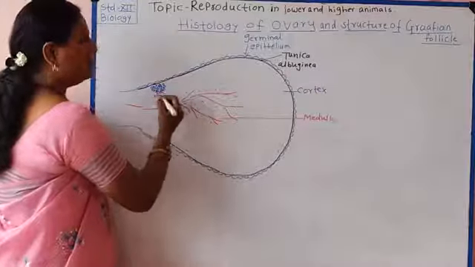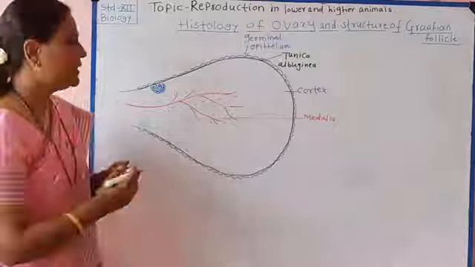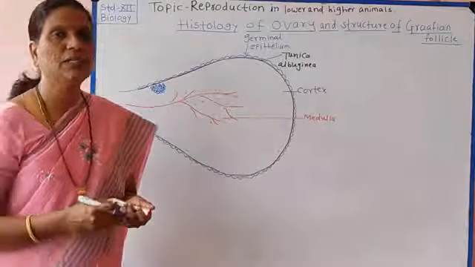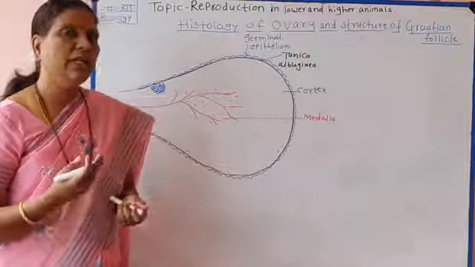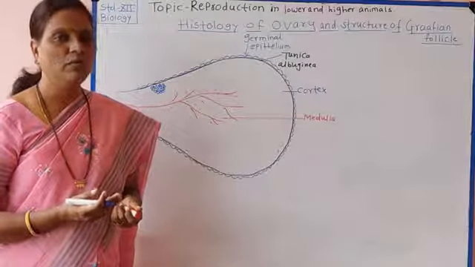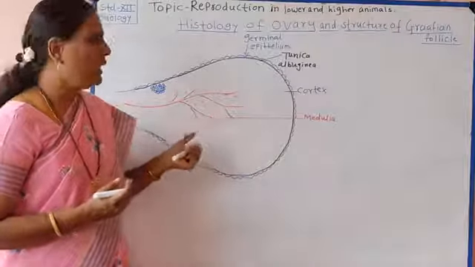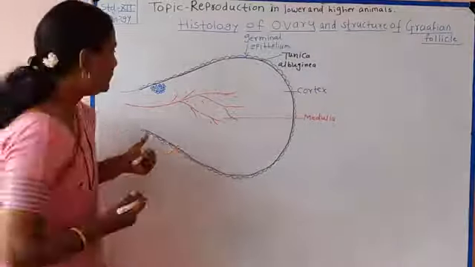Now these primordial follicles under the effect of FSH develop into primary follicles, secondary follicles, tertiary follicles, and then into Graafian follicles. So we will study one by one all the stages of these developing follicles.